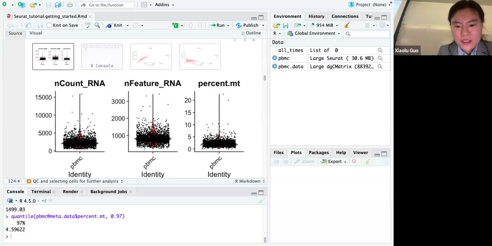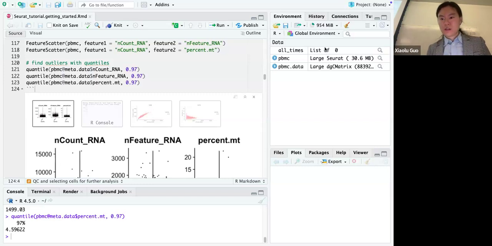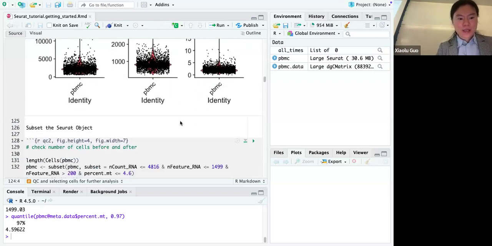We can see that on average 2% or 3% mitochondria we can observe from each single cell, and most of them are less than 5%. Any questions here?